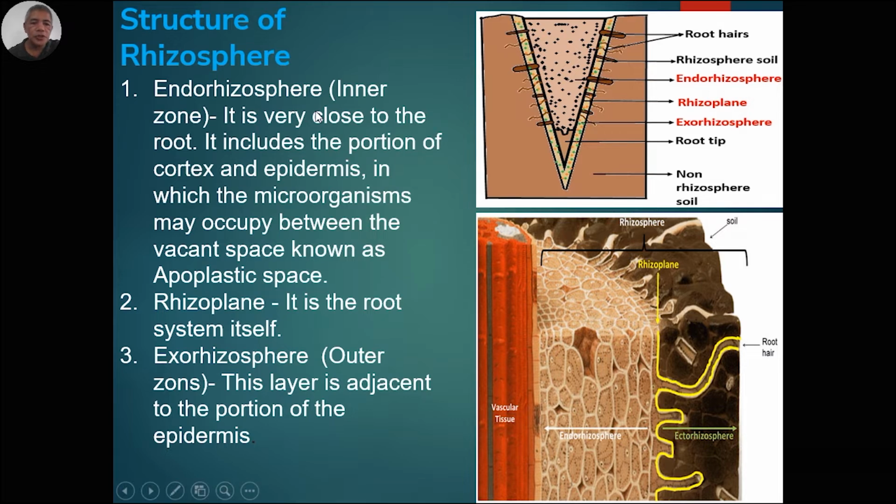The endorhizosphere, this is considered as the inner zone of the rhizosphere, which is very close to the root. It includes the portion of cortex and epidermis in which the microorganisms may occupy the vacant spaces known as apoplastic space. The second is rhizoplane.